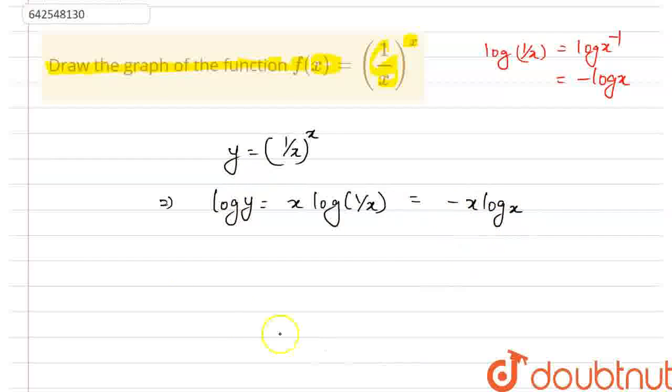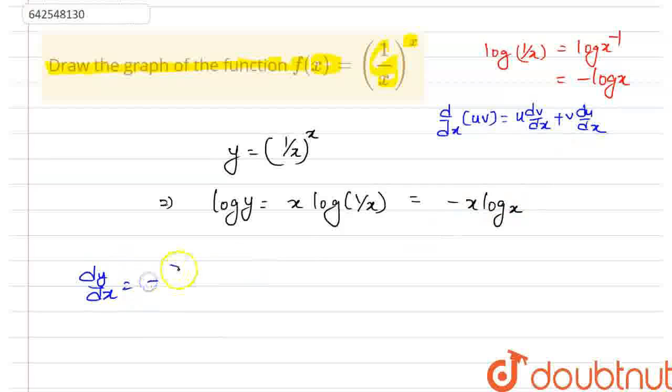Now we can easily differentiate it. So dy by dx will be equal to, we'll differentiate this using the product rule, and the product rule says that d by dx of uv is equal to u dv by dx plus v du by dx. So differentiating this, we'll take minus common.